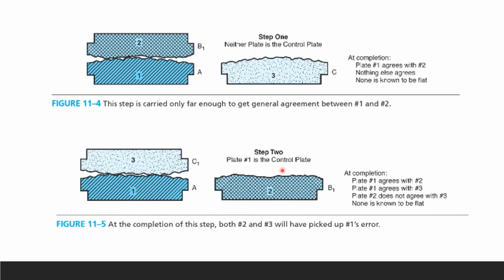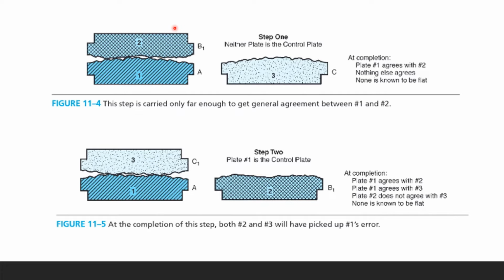So right now at step 2, we call that the control plate, which is your 1. This is not the control yet, we're just checking, okay? So step 1 and step 2, when you pay attention to that, you're going to see in step 1 plate number 1 is not yet in control. So right now we're checking the second plate, which is your third.